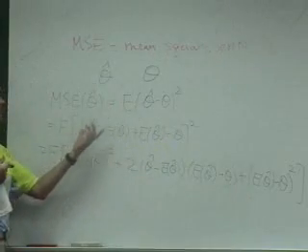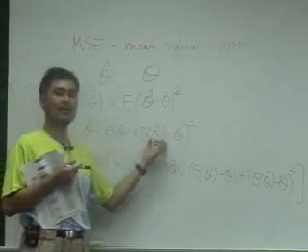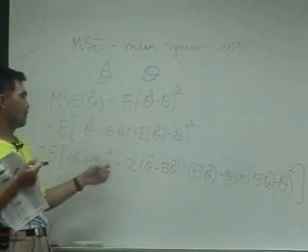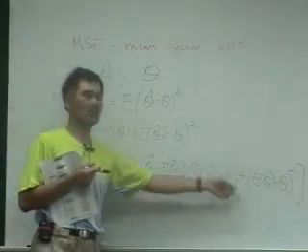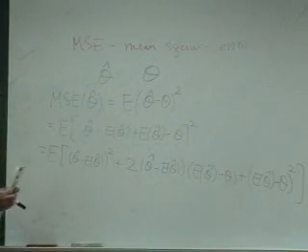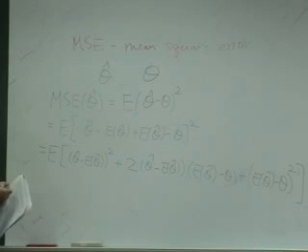So basically this is A plus B, squared. So you have A squared plus 2AB plus B squared, right? It is just a very simple manipulation here.